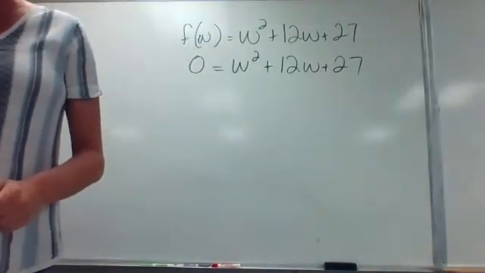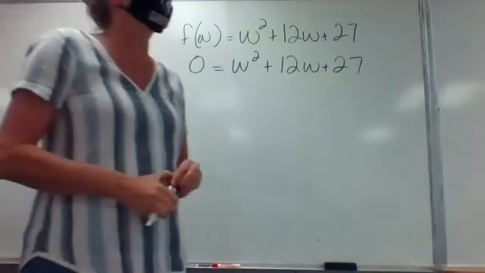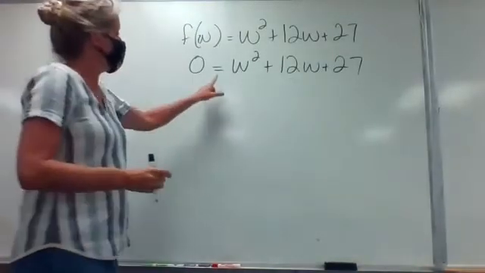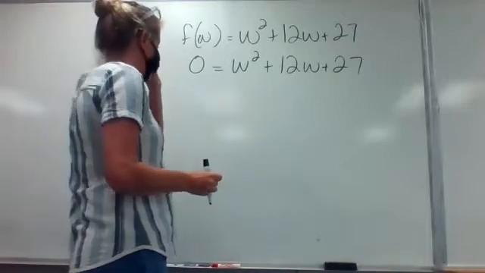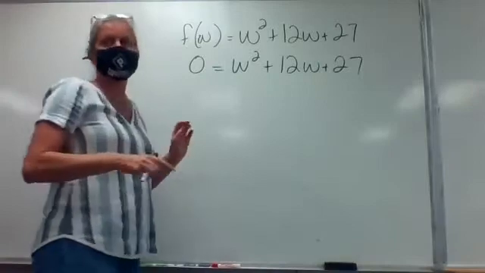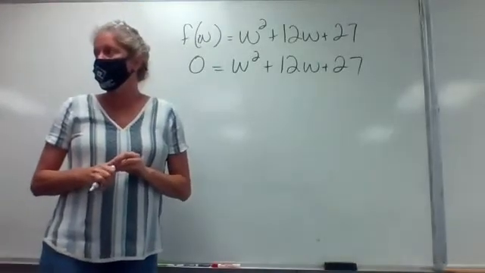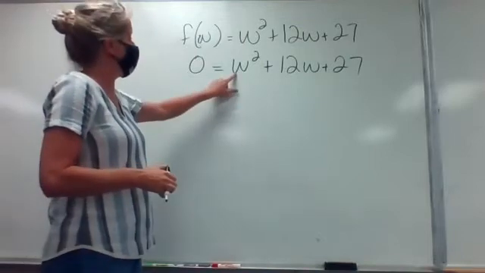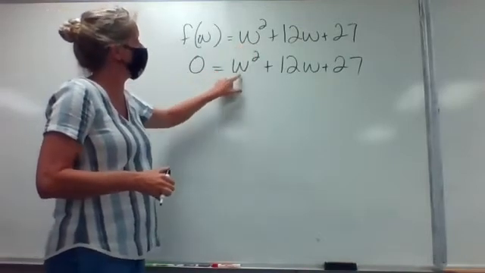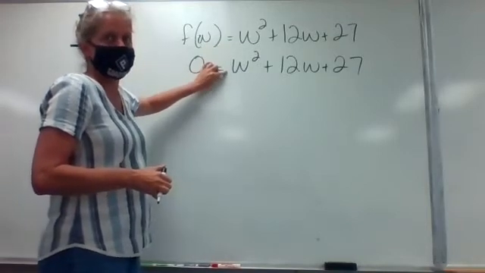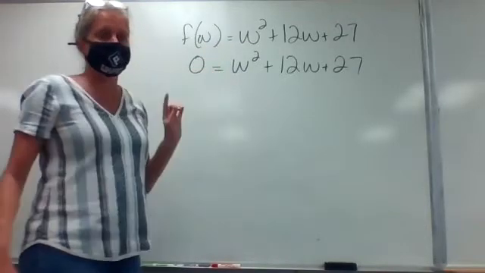I'm going to try this one, and hopefully it works out. If not, then you have to do the quadratic formula, which is no fun. Okay, so if I'm using the factoring method, this has 3 terms, which makes it a trinomial. And if you're factoring a trinomial, then you're hoping that your squared term has a 1 in front of it, because that makes it a lot easier to factor.